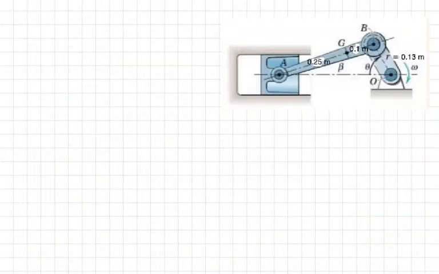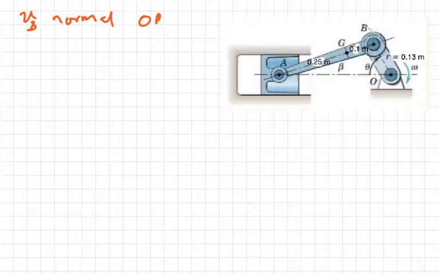All right, now we know that our VB will be normal to our rod OB. So if you look at it, this is the rod OB, and this rod is going this direction. So it means that at this point our velocity will be tangent to that.